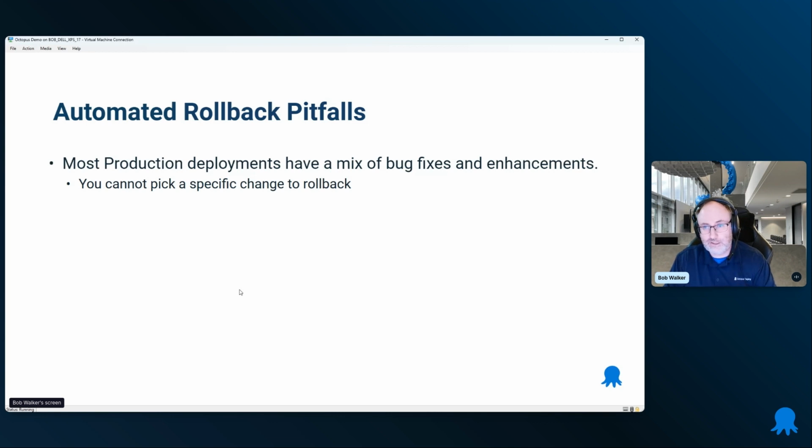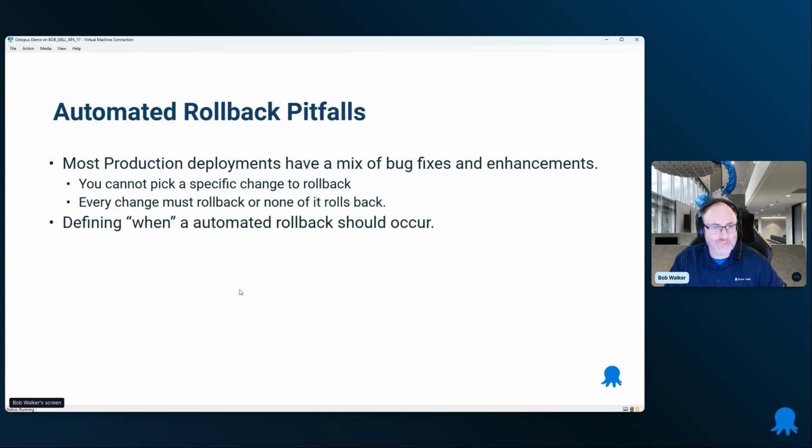If you just redeploy your application, everything must roll back or none of it rolls back. There's no, I only want to roll back this one feature, I want to disable this one feature. Unless that's built in, you can't. So when you roll back that feature, you're also rolling back all your bug fixes and any security enhancements or anything else. That could be extremely risky because now you're reintroducing a bug back into the ecosystem.